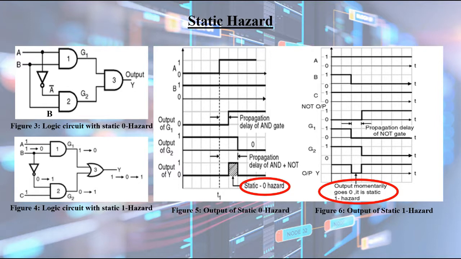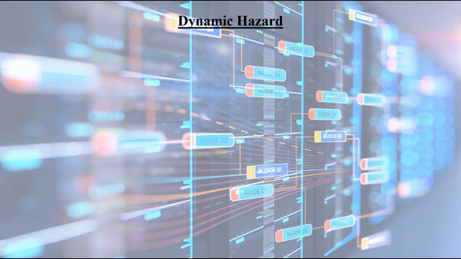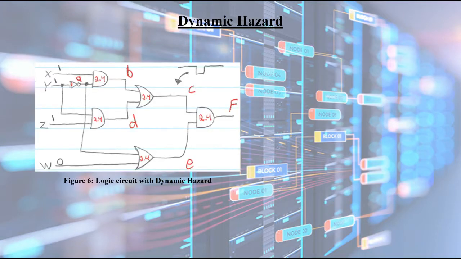After that, we will see the example circuit of dynamic hazard. From figure 6, there are 3 different paths from Y to F, which are shown clearly with different colors of arrow.